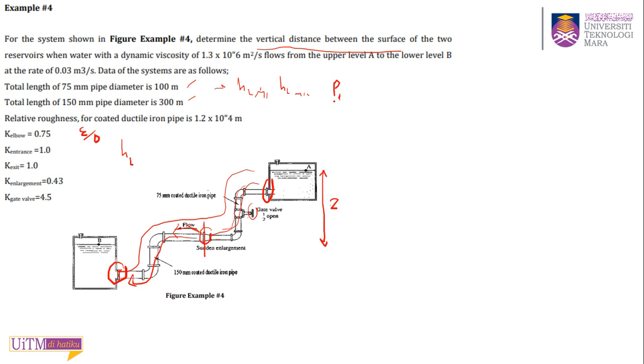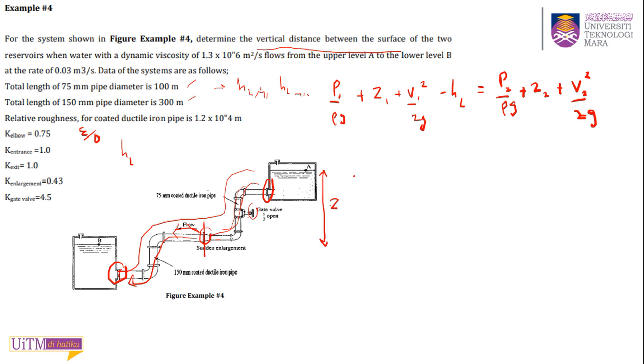Again, you use the energy equation: P1 over rho g plus Z1 plus V1 squared over 2g plus the total head losses, and you don't have any pump or turbine, so that is equal to P2 over rho g plus Z2 plus V2 squared over 2g. So they ask you to find Z1 minus Z2.